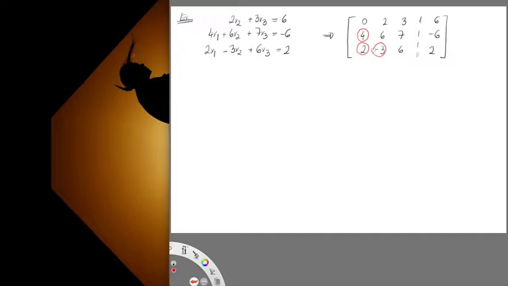So the first thing we need to do here is switch two rows. So I'm going to switch these two, so we can start Gaussian elimination.